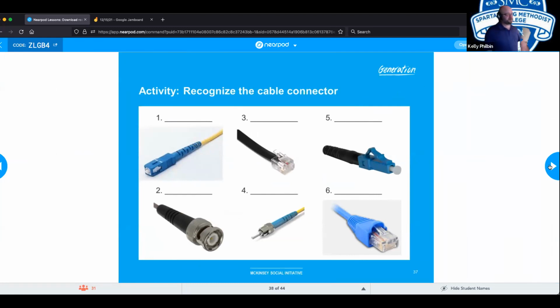Oh, we get a chance to practice right here. Isn't that awesome? Let's go to the randomizer here. Pull a name out. Let's see, Tuadros. Can you please tell us what number 1 is right here? You are muted, sir.